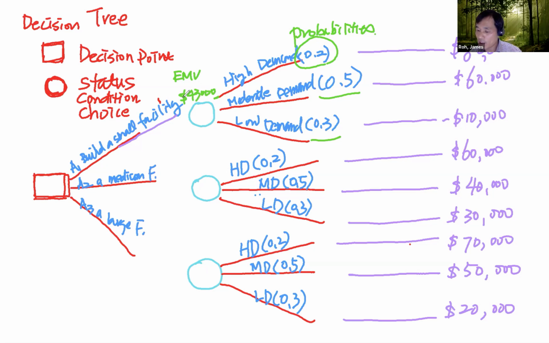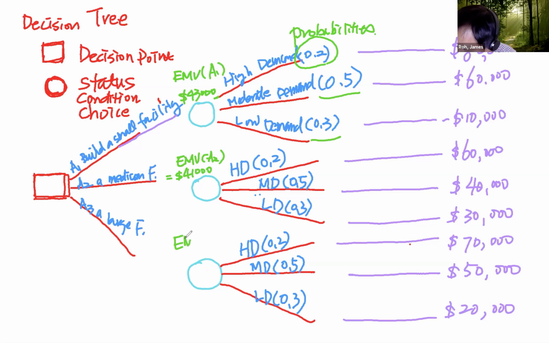And EMV for this medium facility, 0.2 times 60,000 plus 0.5 times 40,000, and low demand 0.3 times 30,000, then you find that the EMV for alternative 2, this is alternative 1, equals $41,000, right? That's what you see.